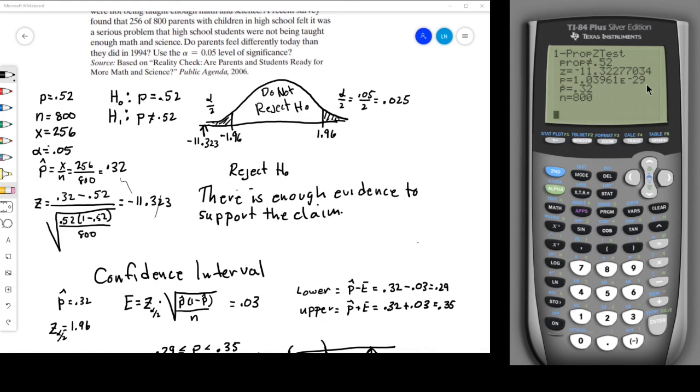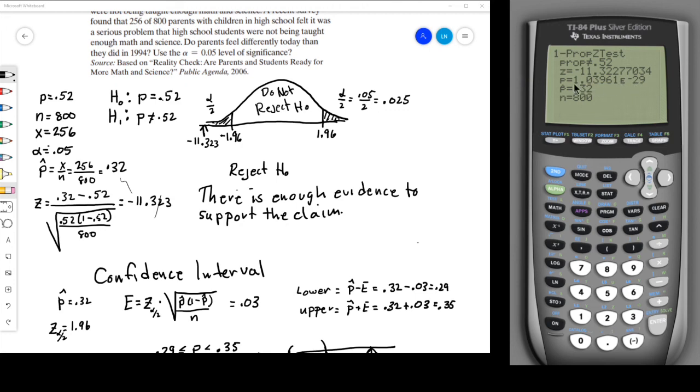So let's talk about this for a minute. The p-value is given to you in scientific notation. This is not unusual. You will never have a p-value that is greater than 1 because the p-value is a probability. So if you see a p-value greater than 1, automatically you are in scientific notation.